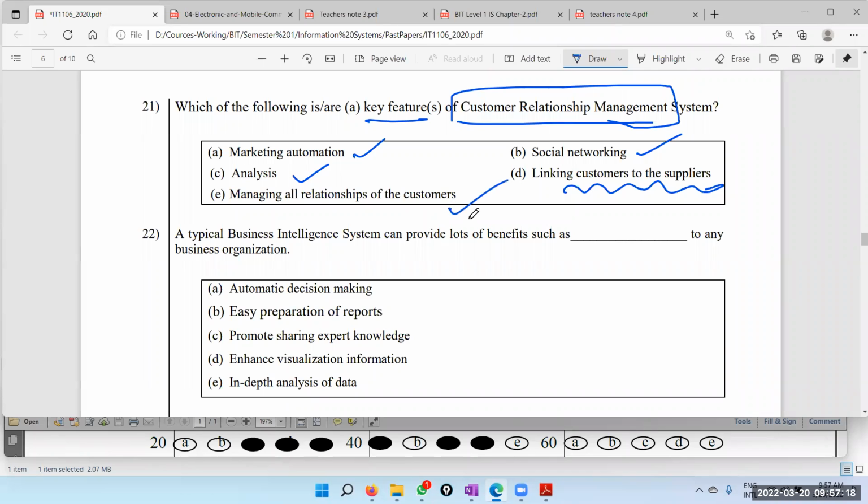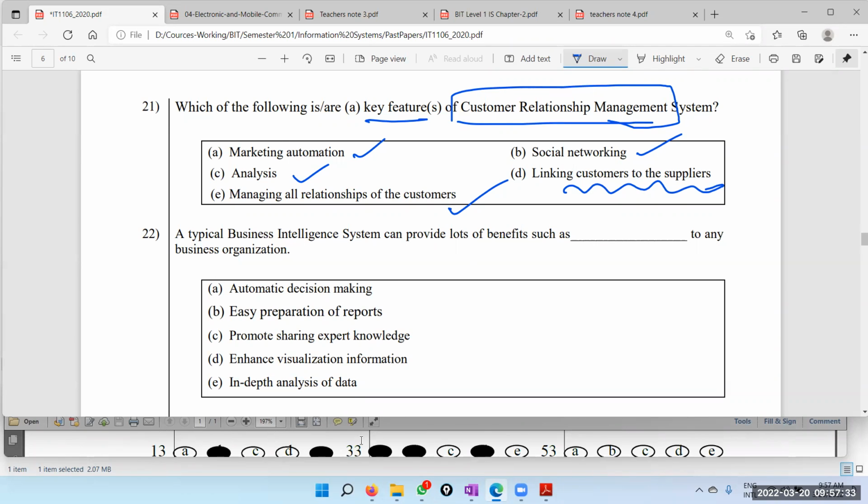Yes, so that is correct. What they're asking is key features. Anyway, I will go for everything other than D. Everything other than D. So they have taken E also.